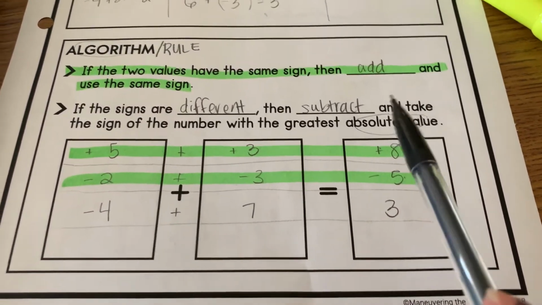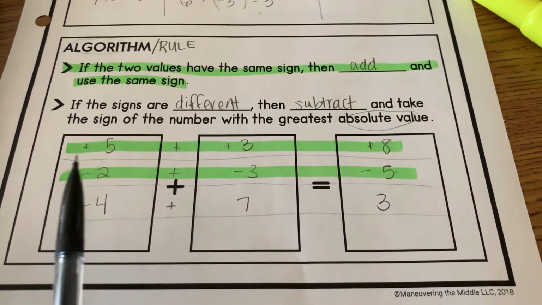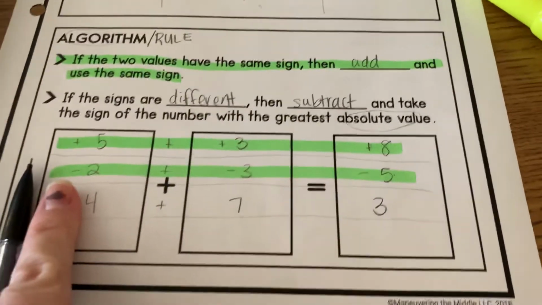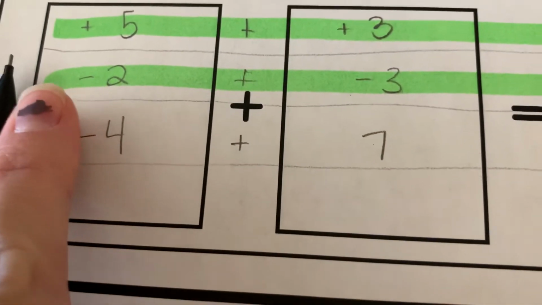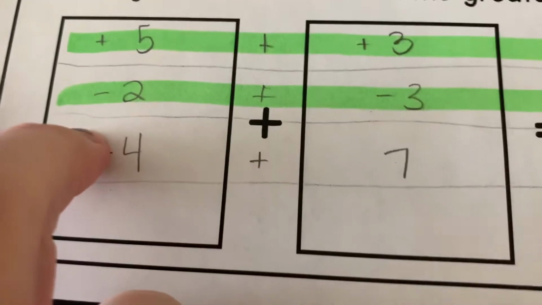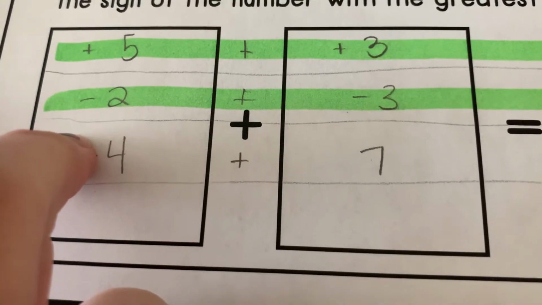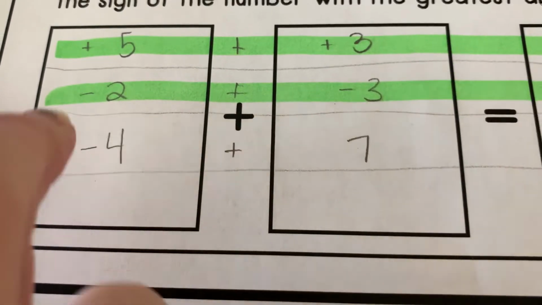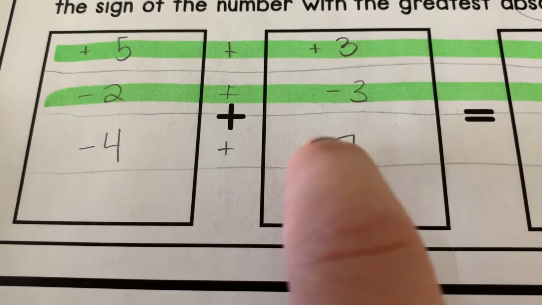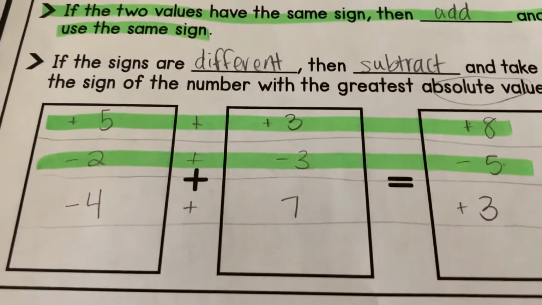Then we take the sign of the number with the greatest absolute value. Which number is greater, 4 or 7? You should be answering to yourself, well, yes, Miss Megan, 7 is a bigger number. So we take the sign of this number. This number is positive. So our answer is positive 3.